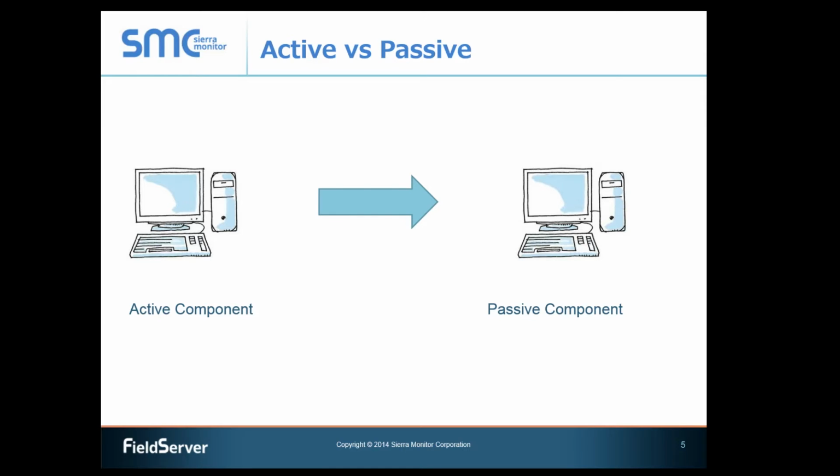Now, typically clients function as the active components on the network, and servers will be the passive components. But there are numerous situations where this does not hold true. Fire panels, for example, which are servers, usually function as the active components to allow for fire alarms to be expedited to the client. Communication protocols that are peer-to-peer act as passive and active components at the same time. So we need to understand our protocols and how they function if we are to configure them correctly.